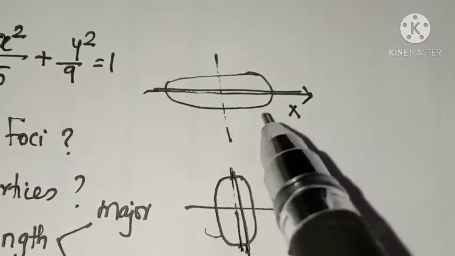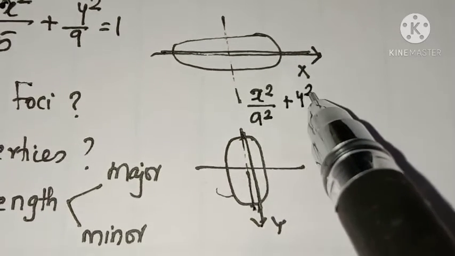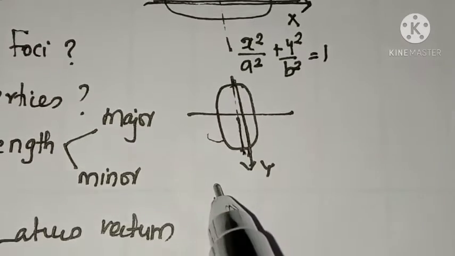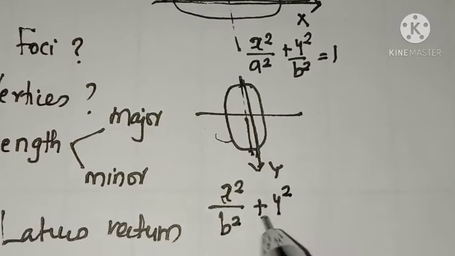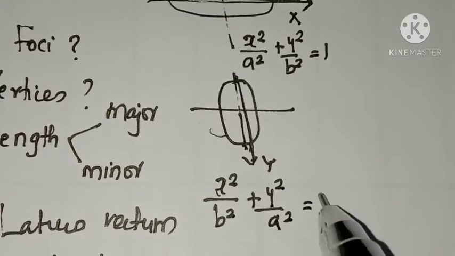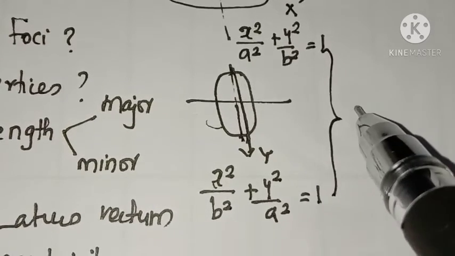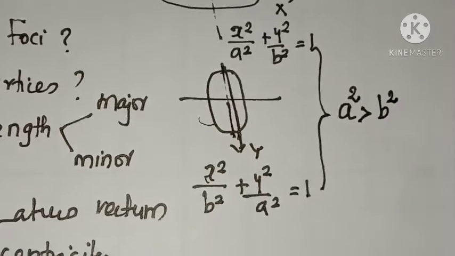And here, the standard equation is x square by a square plus y square by b square equal to 1. In this case, the standard equation is x square by b square plus y square by a square is equal to 1. See, in both of these equations, a square is always greater than or equal to b square.